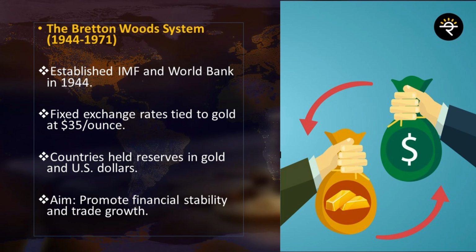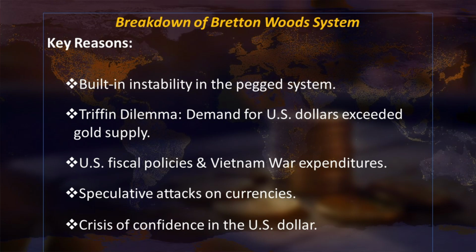Now, what did the IMF do? What is the purpose of having the IMF? The IMF provided financial assistance to countries facing a balance of payment deficit from time to time under the Bretton Woods system. Now, what led to the breakdown of the Bretton Woods system? The first cause is a built-in instability.